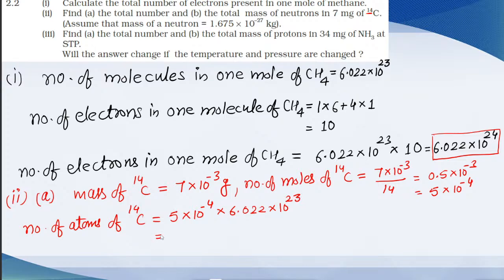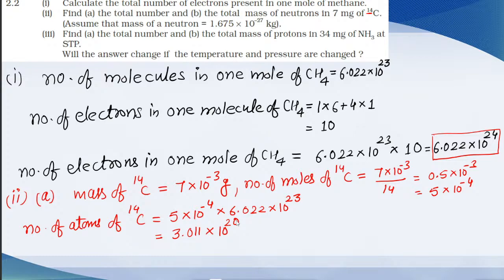So it comes out to be 3.011 into 10 raised to power 20. So these are the number of atoms in 7 milligram.